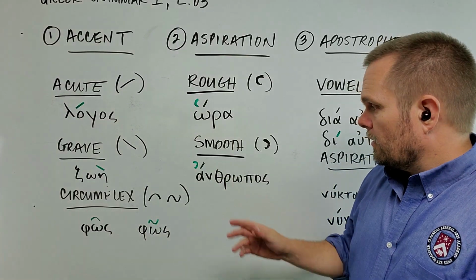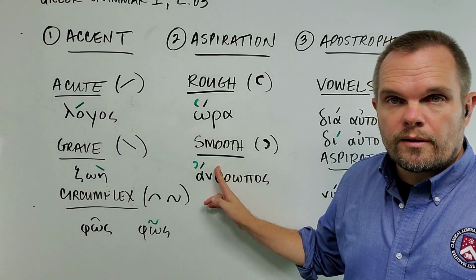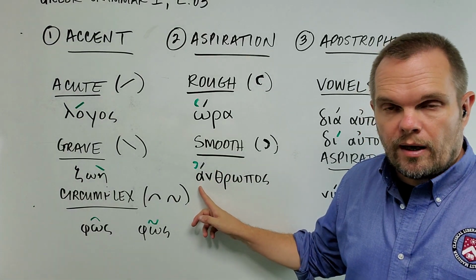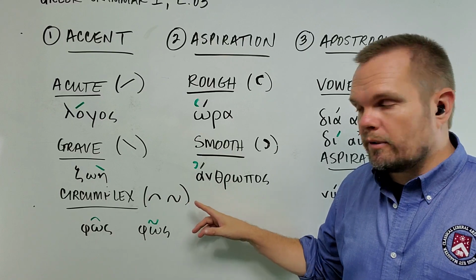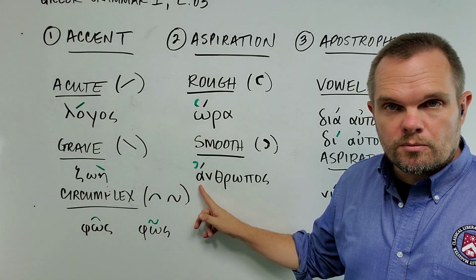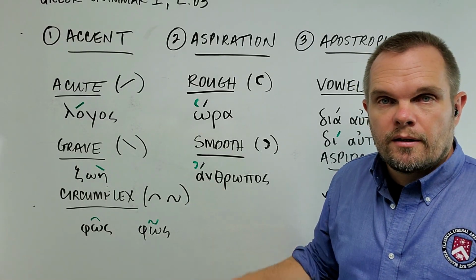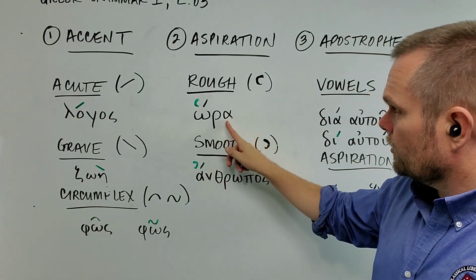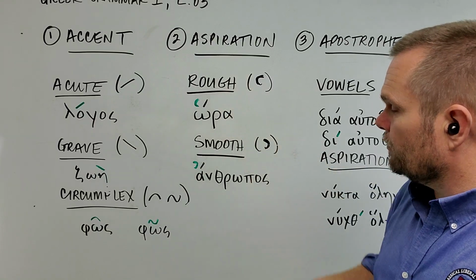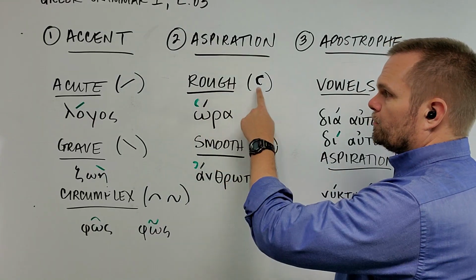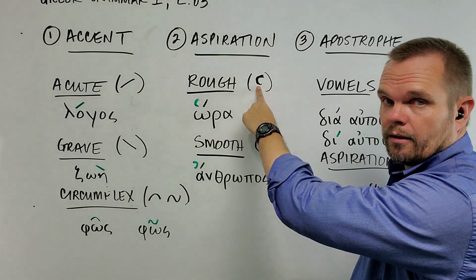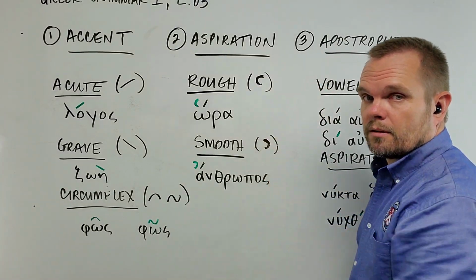The reason we have smooth breathing is that we mark a vowel with it when there's no aspiration, just for the sake of clarity. Here, in this first word, we have an example of rough breathing. Notice the rough breathing mark is shaped like the letter C. So remember that: the rough breathing mark is shaped like a letter C.